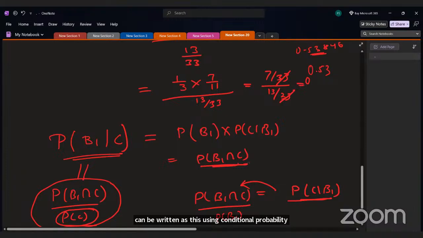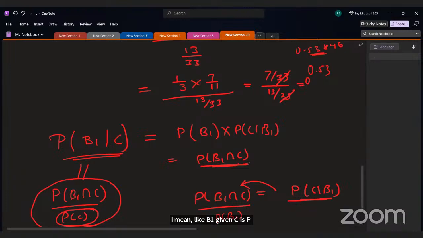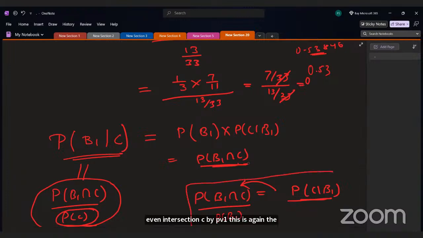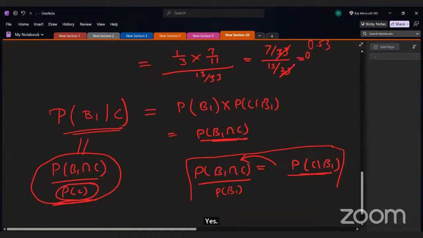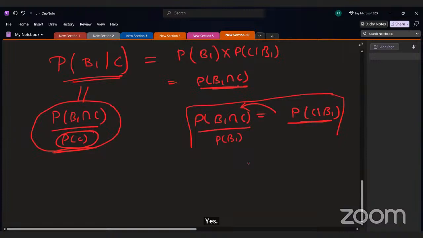P(B1 given C) is P(B1 intersection C) by P(C).